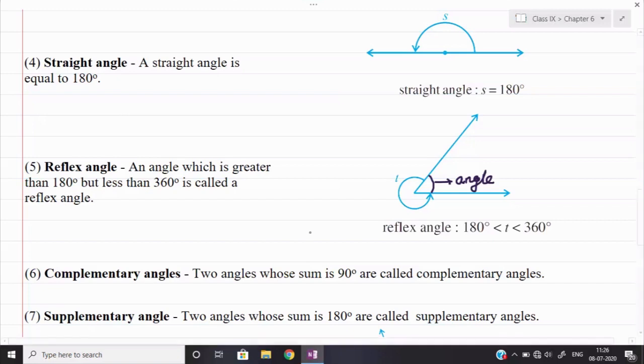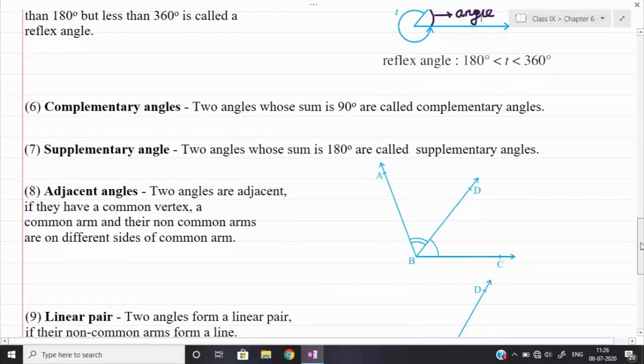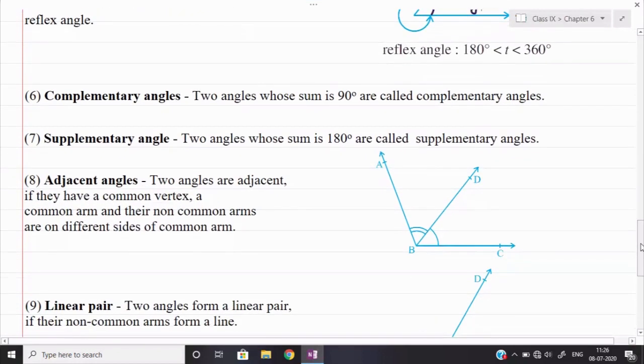Now let us see the next two definitions quickly. These are very simple: complementary angle and supplementary angle. So complementary angle means, suppose I have two angles, for example one angle is 75 degrees and another angle is 15 degrees.